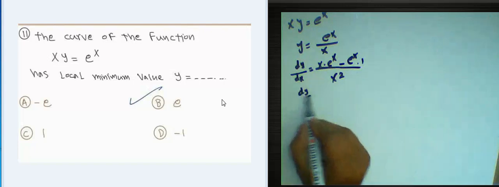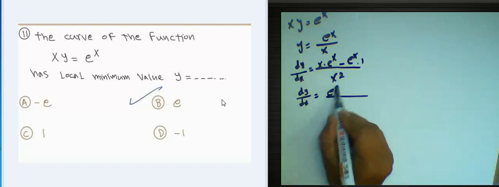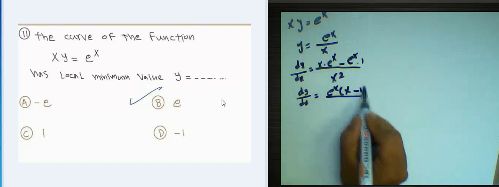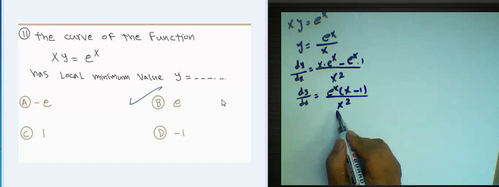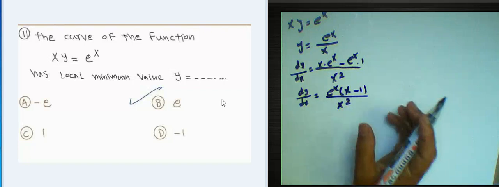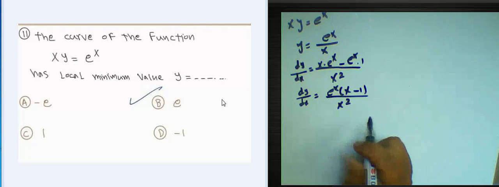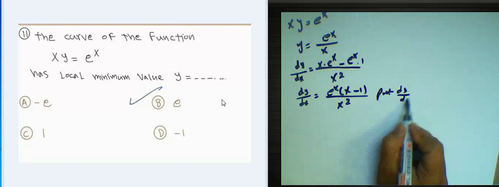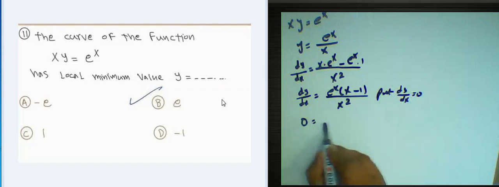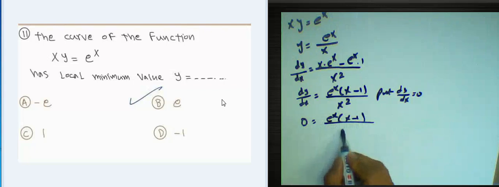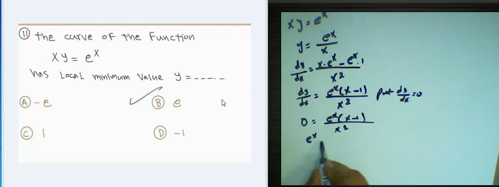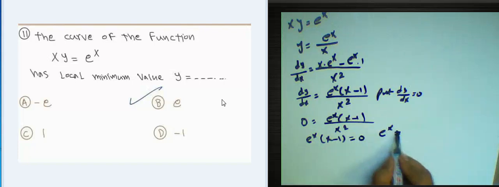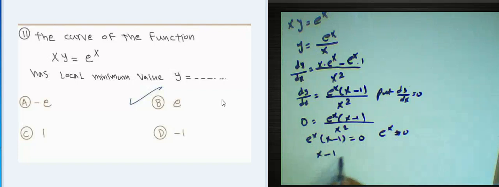Then dy over dx equal, we can write e power x outside as a coefficient between two terms, then x minus 1 over x power 2. In this example, we want to find the local minimum value, so put the derivative dy over dx equals 0, then e power x multiplication x minus 1 over x power 2 equals 0, then e power x multiplication x minus 1 will be equal 0. E power x not equal 0, we can divide by e power x, then x minus 1 equals 0, so x will be equal 1.